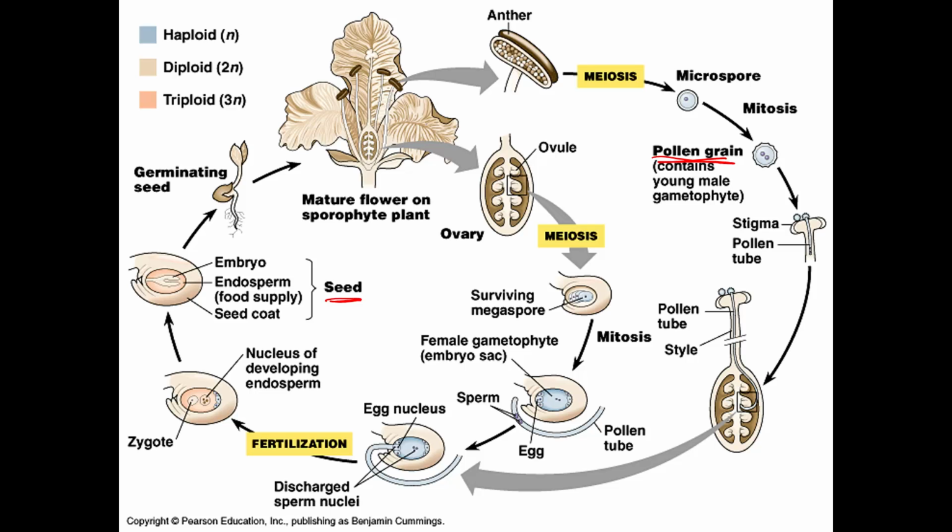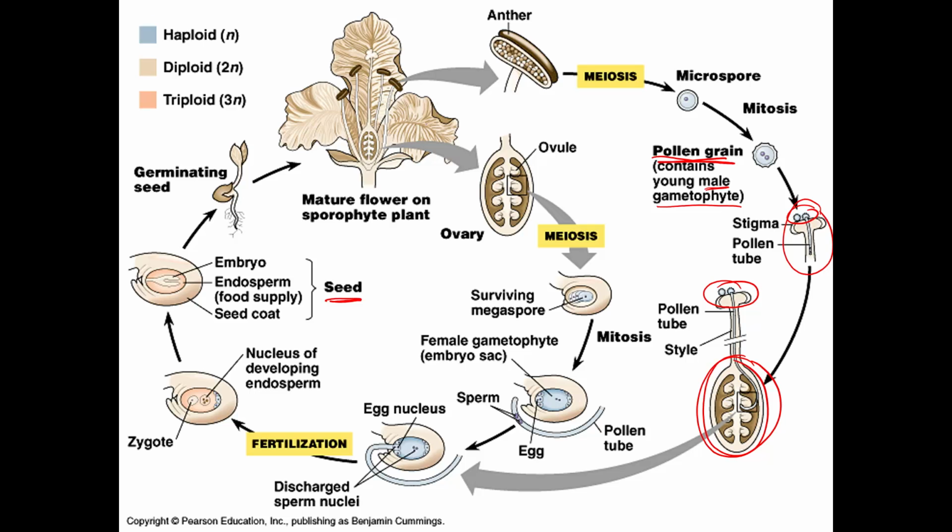Okay. So this is our gametophyte, right? Male gametophyte. Okay. It finds a pollen tube and attaches to it, which is attached to essentially the ovary of the plant. So your pollen is now attached to the outside of the plant, right?